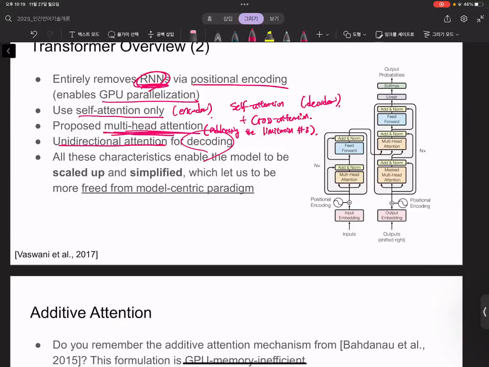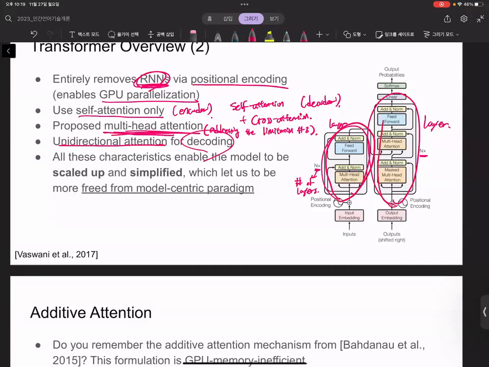For the transformer, it is very easy to scale up the network. Here you can see the N. That means this is the number of layers. This is the layer, and this one is repeated N times.